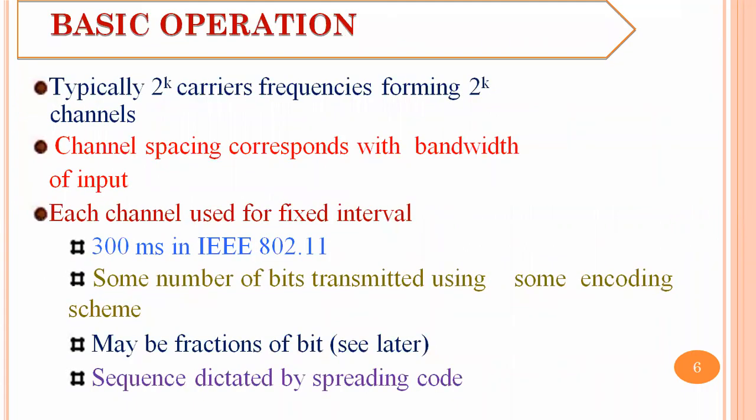Typically 2 raised to power k carrier frequencies are forming 2 raised to power k channels. So that is the number of carrier frequencies and the number of channels that will be made. Channel spacing corresponds with the bandwidth of the input, so that will totally depend upon the bandwidth of the input. So each channel, if you use a fixed interval, 300 milliseconds is IEEE 802.11.